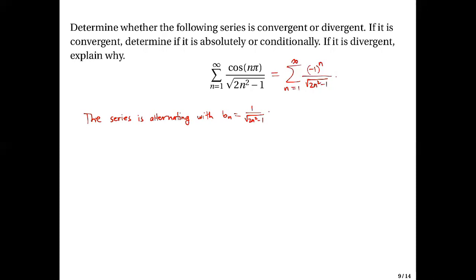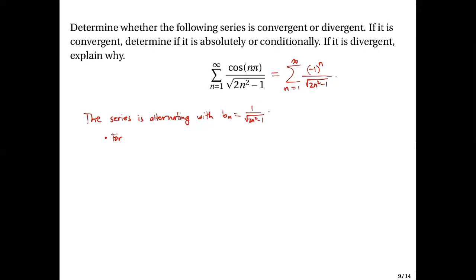So we show the conditions so that we can use the alternating series test. We show that b sub n is always positive. We also show that b sub n is decreasing. And we show that b sub n goes to 0 as n goes to plus infinity. So let's just state those.